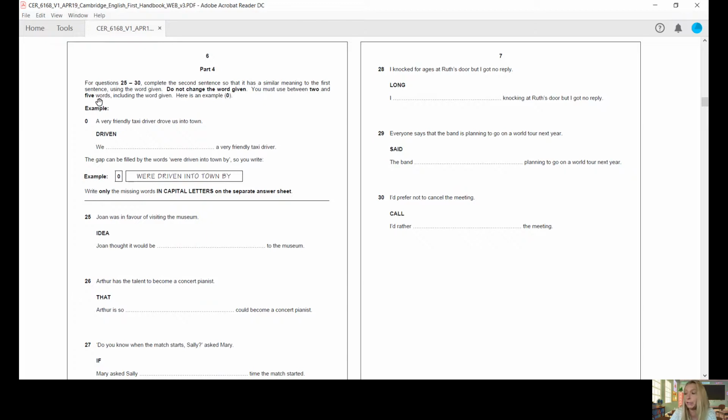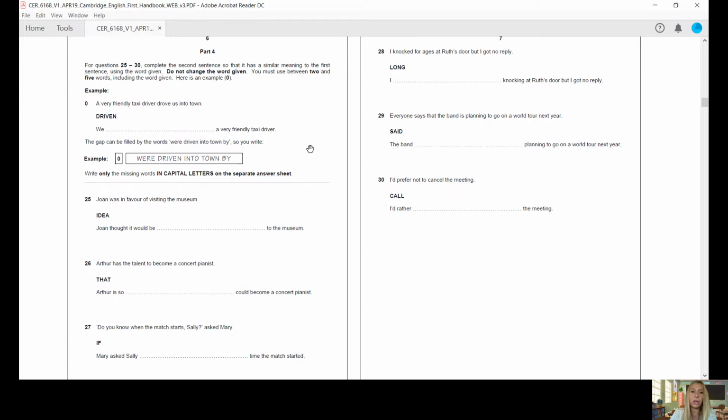Count them every time, at least at the beginning, before you become familiar. Make sure you count them. So look at this one. A very friendly taxi driver drove us into town. We, a very friendly taxi driver. So here it wants you to look at active and passive. So we were driven into town by a very friendly taxi driver.